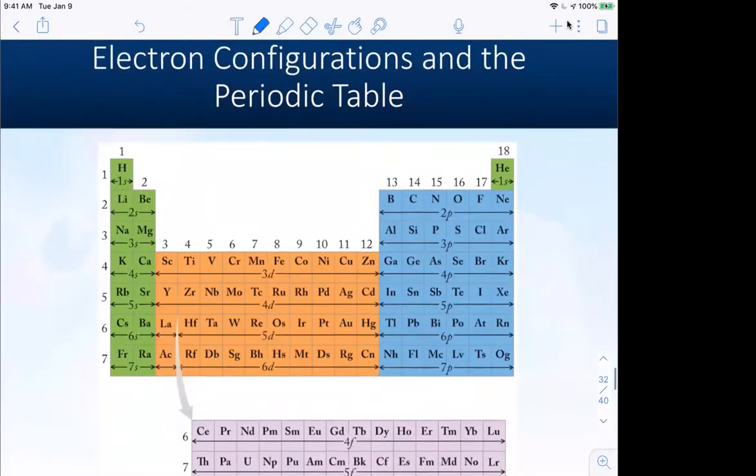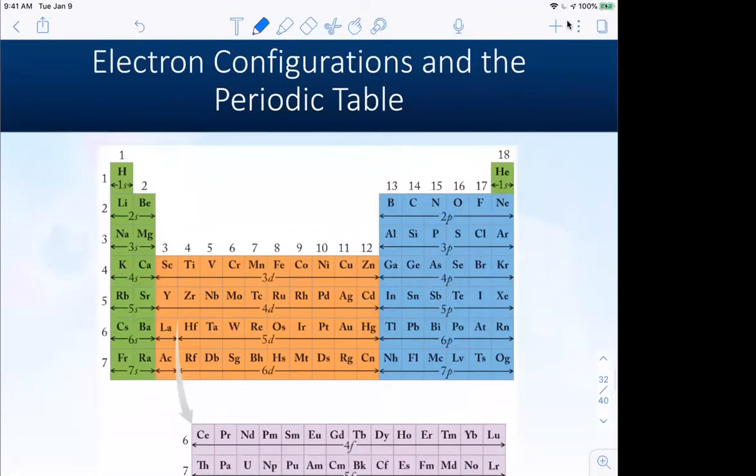Here's another example of how I can use the periodic table in order to assign electron configurations. I really just start at the top and then I go across. 1s1, 1s2, 2s1, 2s2, 2p1, 2p2, 2p3, 2p4, 2p5, 2p6, and then I keep going.